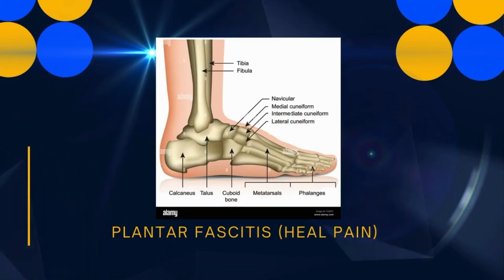The plantar fascia originates from the medial tubercle and plantar surface of the calcaneus and inserts in the flexor sheath, volar plate of the base of proximal phalanx of digits 1 to 5, and the skin.